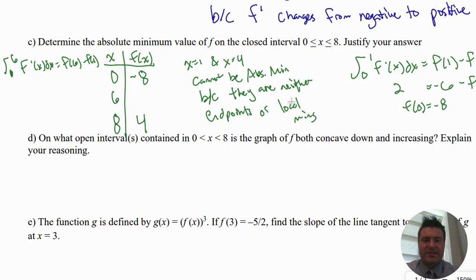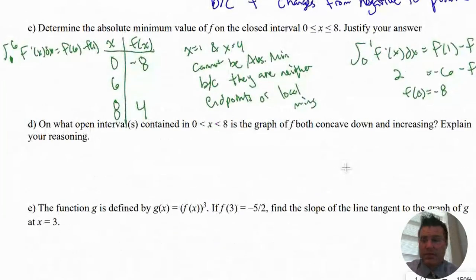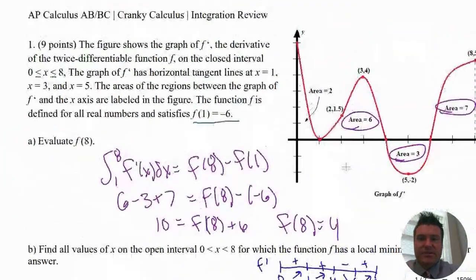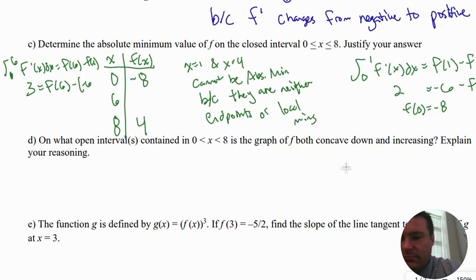So the integral from 1 to 6, I need to go back up to my prompt here. From 1 to 6 is going to give me 6 minus 3. So 6 minus 3 is 3, and that's going to equal f of 6 minus f of 1, which we said before was negative 6. So it's going to give me f of 6 is negative 3.